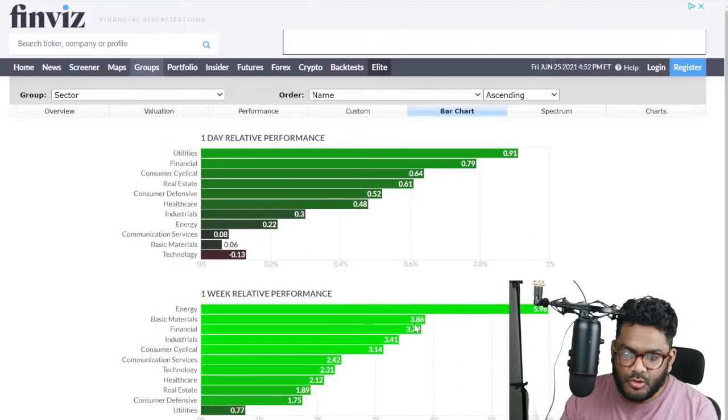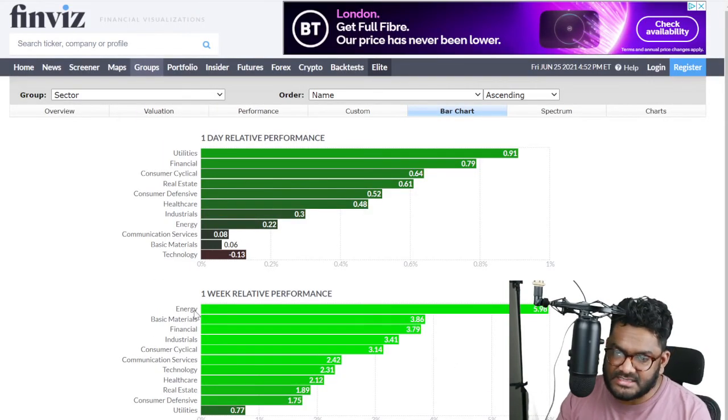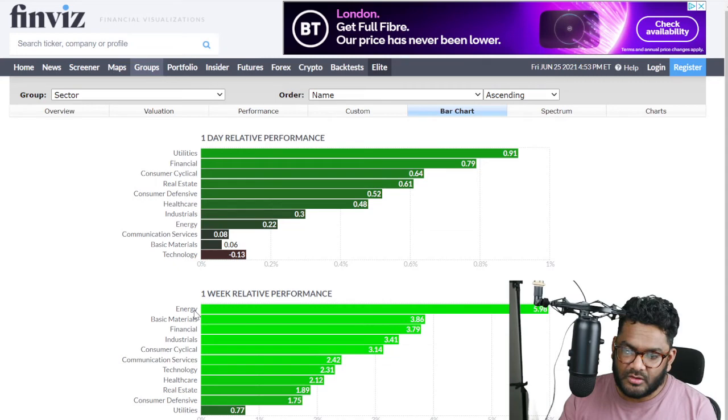So now you know an energy sector looks better and performs relatively well. Why I'm taking energy is that today the energy sector went down, but last week it was first, last month it was first, and last 3 months it was second. So energy looks really good.